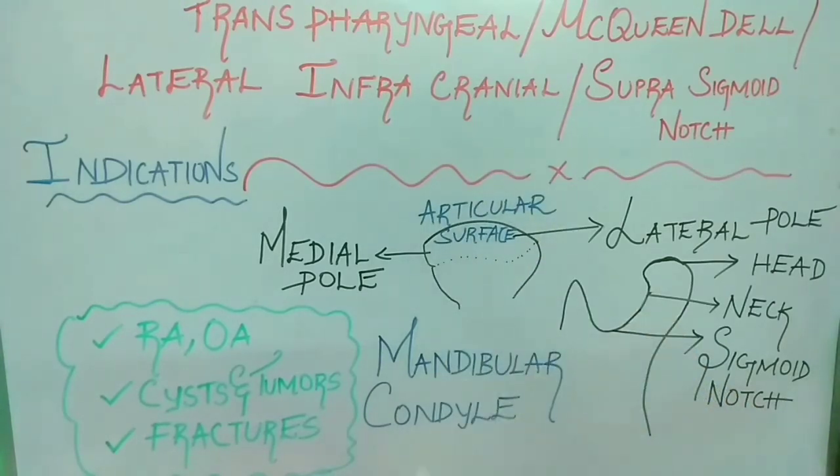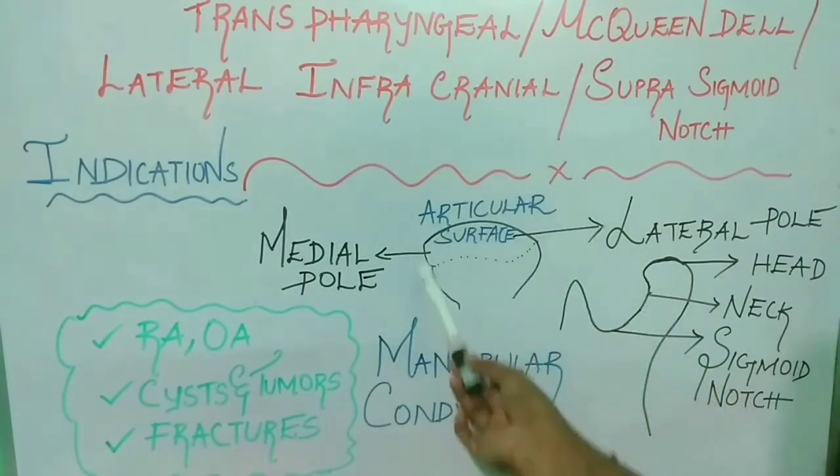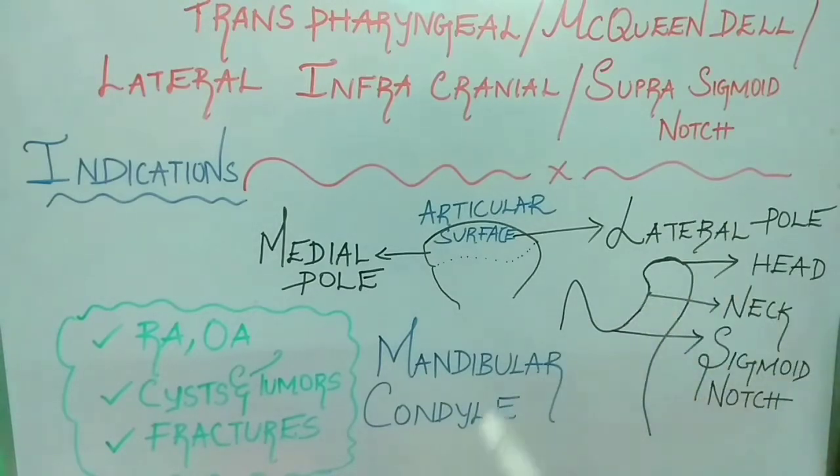With the help of this projection, we can visualize the superior or articular surface, medial pole, head as well as neck of the mandibular condyle. We can also investigate the presence of degenerative joint diseases affecting the temporomandibular joint like rheumatoid arthritis and osteoarthritis.